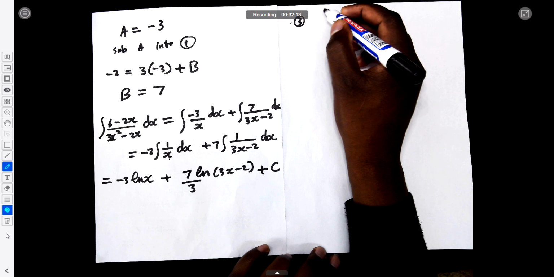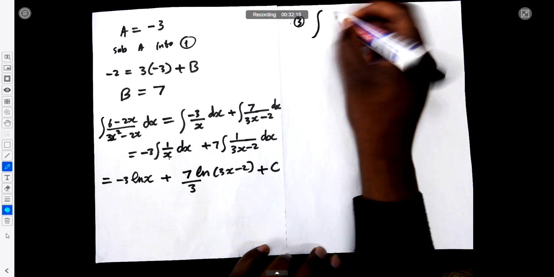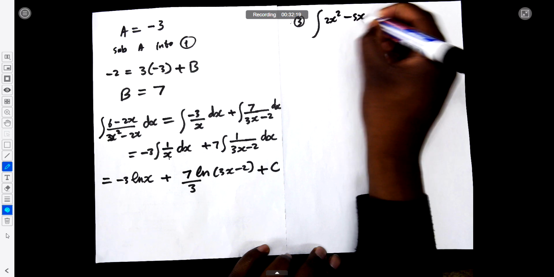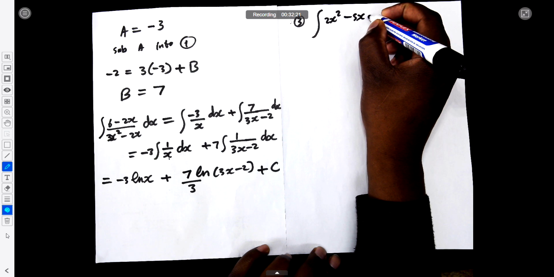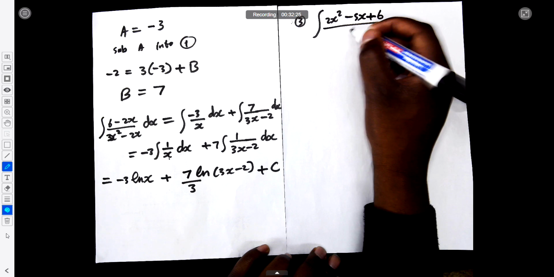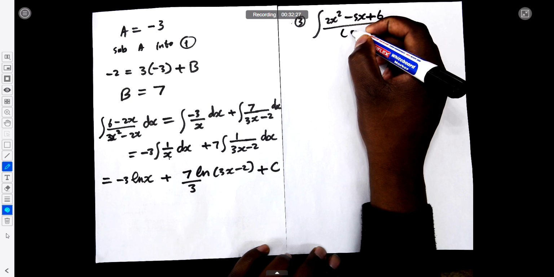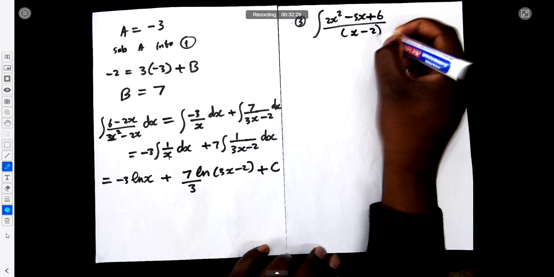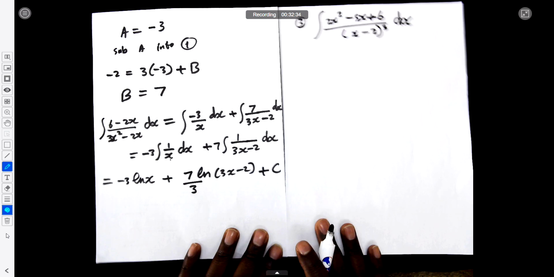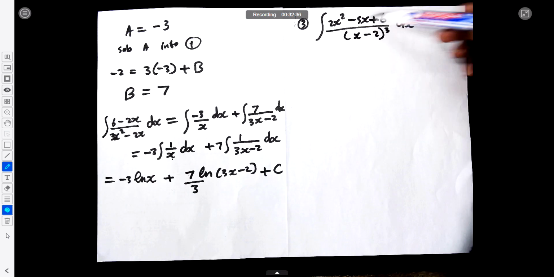So let's say, for example, we have to integrate the following. Let's say we have 2x squared minus 5x plus 6, all divided by x minus 2, all to the power of 3, dx.